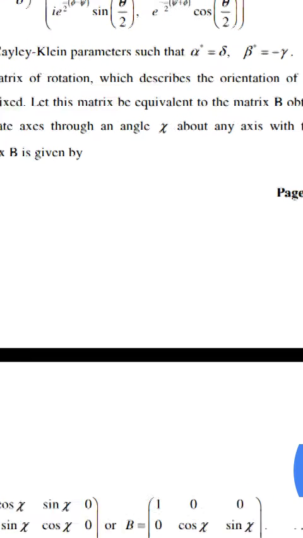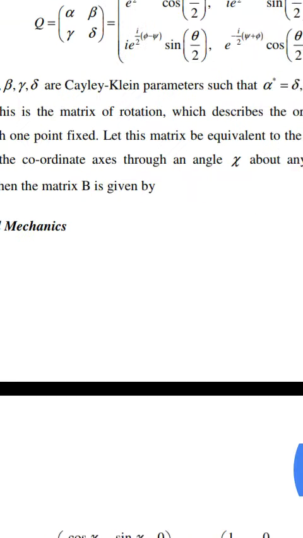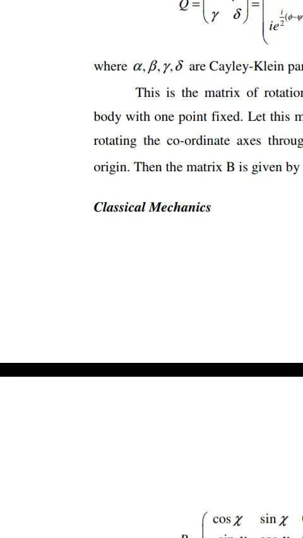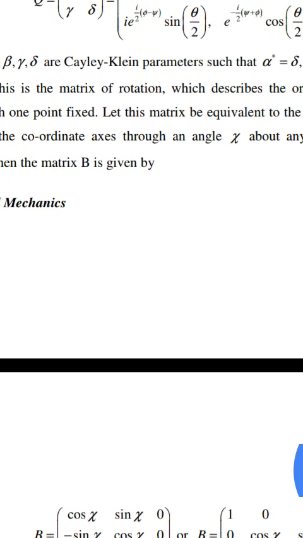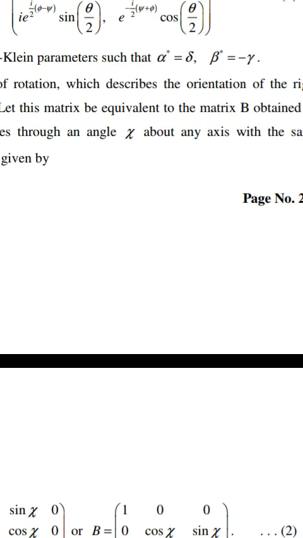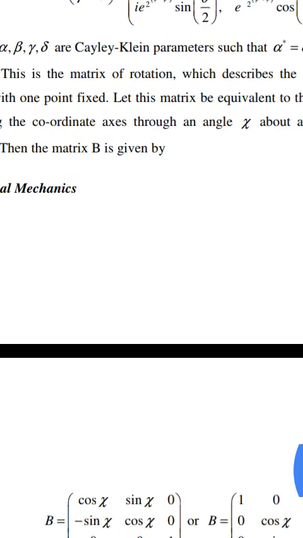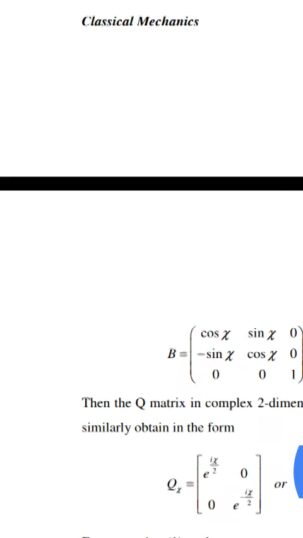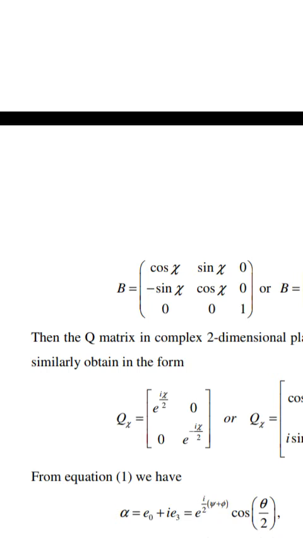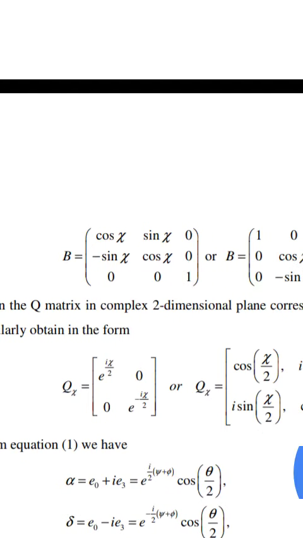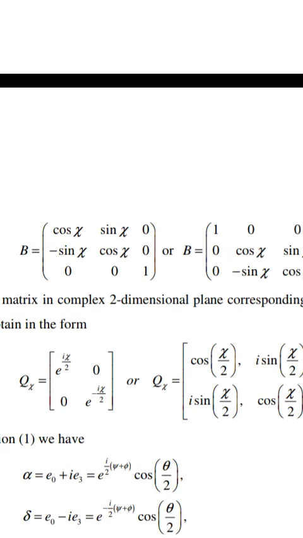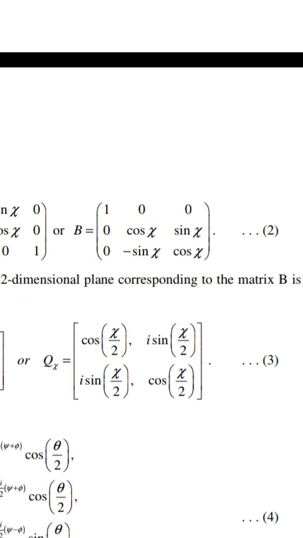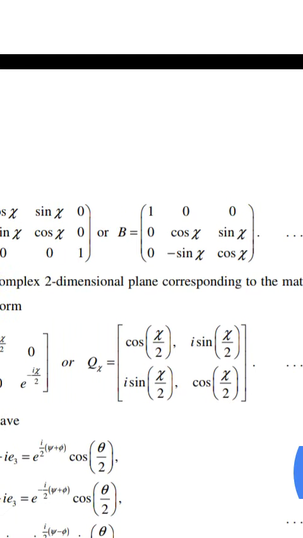Let this matrix be equivalent to the matrix B obtained by rotating the coordinate axis through an angle chi about an axis with the same origin. Then the matrix B is given by B is equal to cos chi, sin chi, 0, minus sin chi, cos chi, 0, 0, 0, 1, or B is equal to 1, 0, 0, 0, cos chi, sin chi, 0, minus sin chi, cos chi.